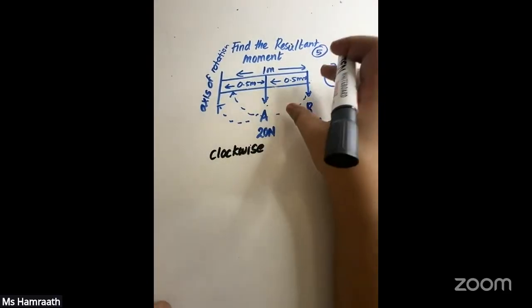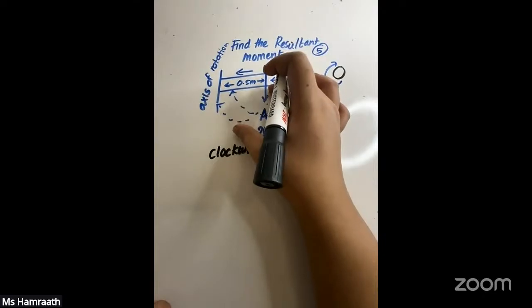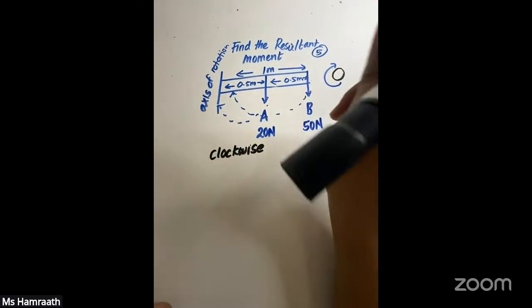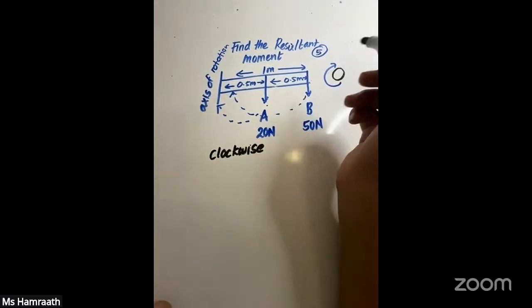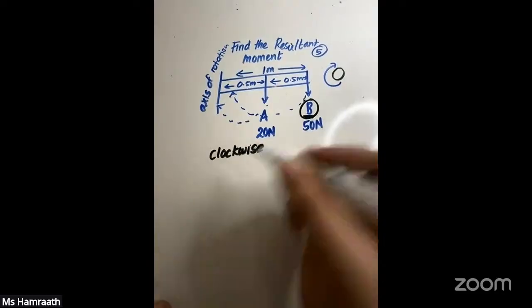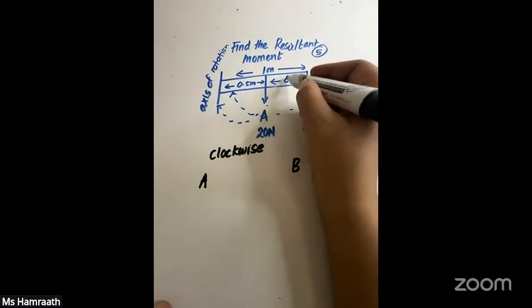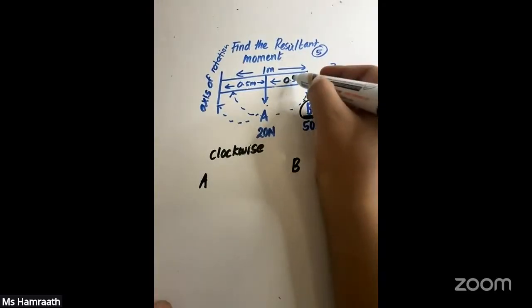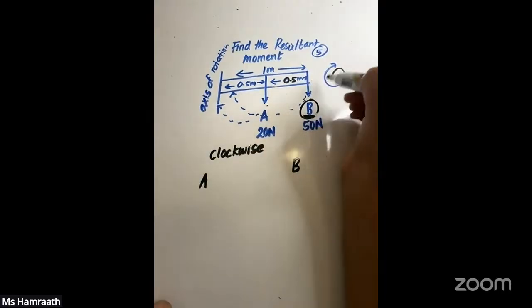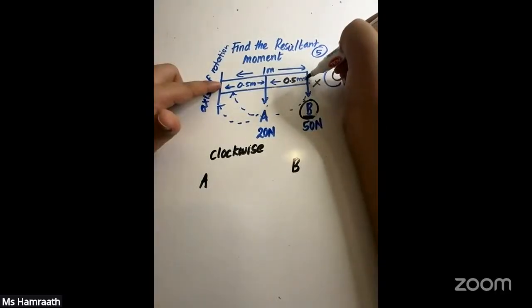So you can find the moment of force separately for each. Some people would have made a mistake. Let's say you are going to find the moment of force for B. Some people might have taken the value as 0.5, which is wrong. Don't take that distance; you are supposed to take only the perpendicular distance from the axis of rotation to the force that you are applying.